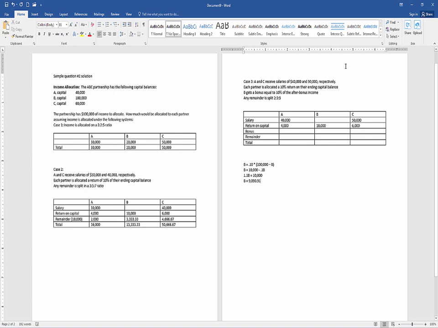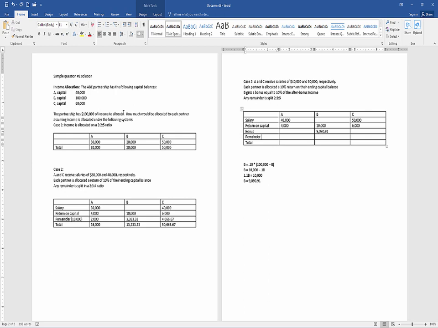So there's B's bonus. And then whatever's left over, whatever remainder we have, is going to be allocated in a 2 to 3 to 5 ratio. So how much have we allocated so far? We've allocated $90,000 in salaries, $20,000 in return on capital, and $9,090.91 on the bonus.